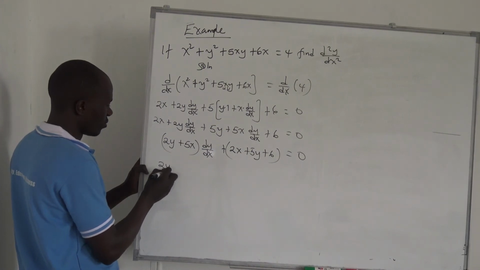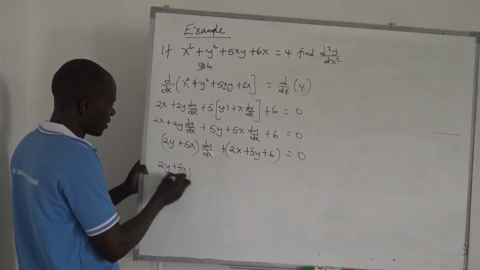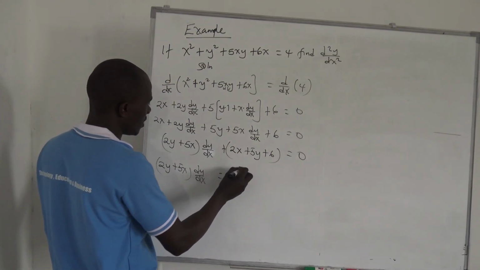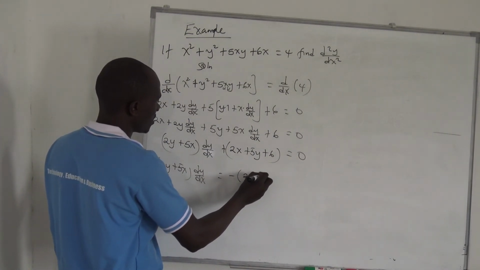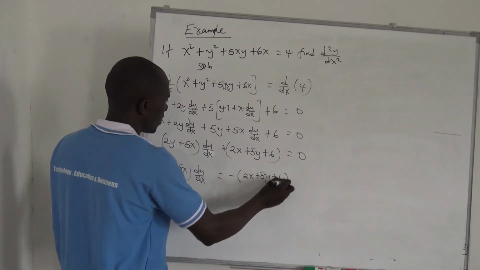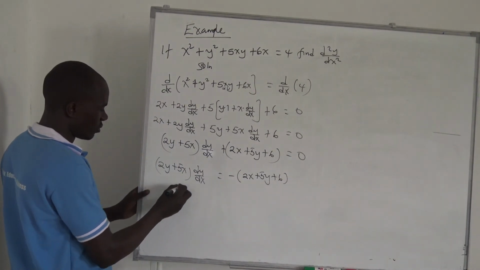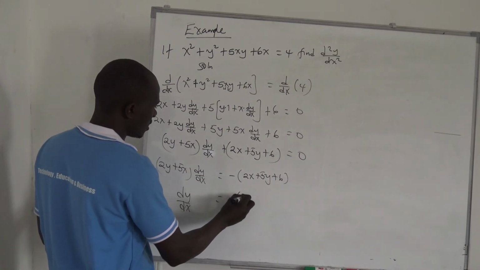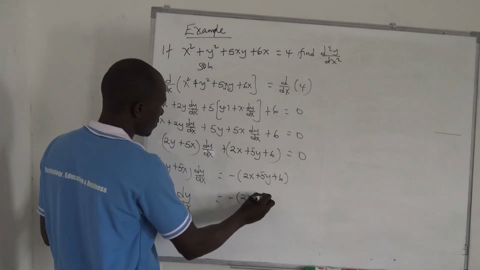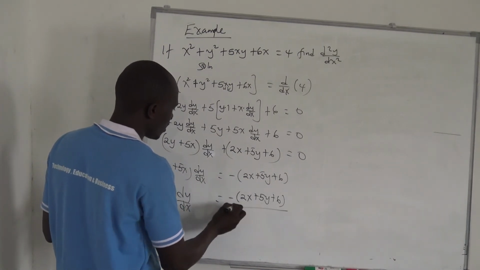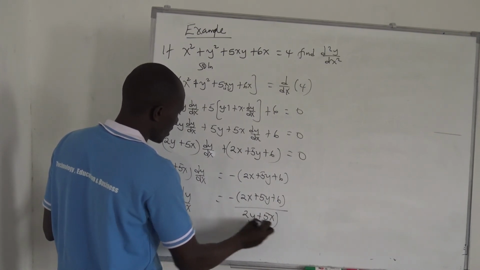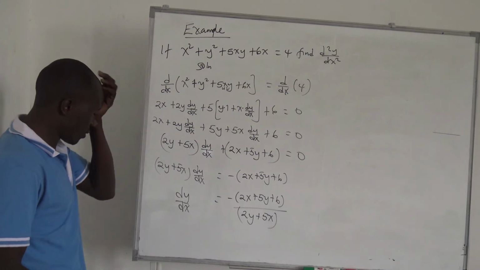So we have 2y plus 5x times dy/dx equals negative of 2x plus 5y plus 6. We divide by this, and we remain with dy/dx. What is it? Negative 2x plus 5y plus 6 all over 2y plus 5x. So that's how we get our dy/dx.